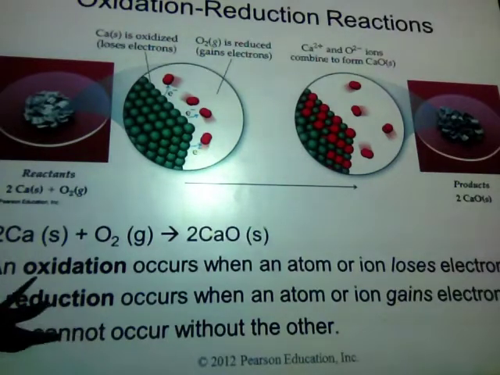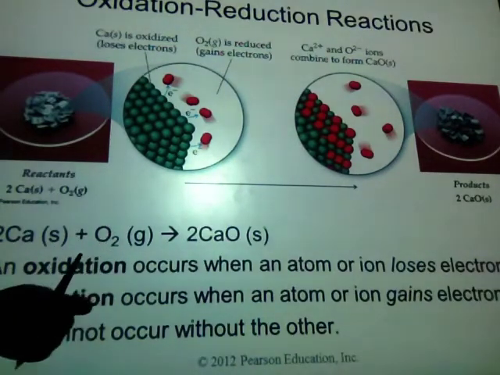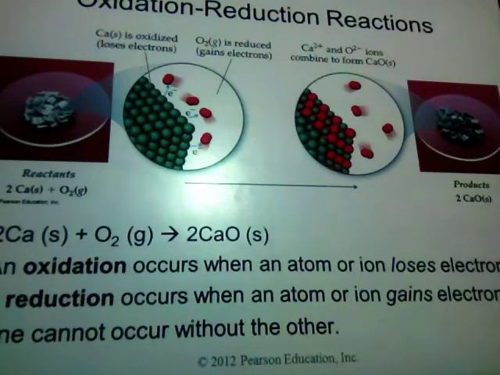Right now, we just want to introduce the terms oxidation and reduction. I want you to be able to pick out what's being oxidized and what's being reduced. Also, we're going to talk about oxidation number, so I want you to be able to determine the oxidation number in compounds or of elements.